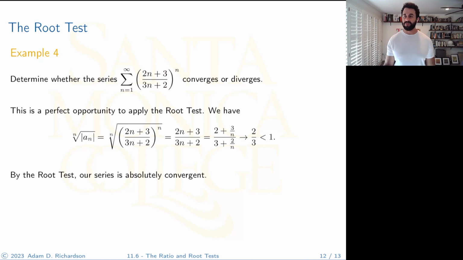So the absolute value just gives you the positive result. The nth root and the exponent n cancel out, and then you're just left with this expression. Divide by the highest power, and you get this, which goes to the number 2/3 as n goes to infinity, and 2/3 is less than 1. Therefore, by the root test, the series is absolutely convergent.